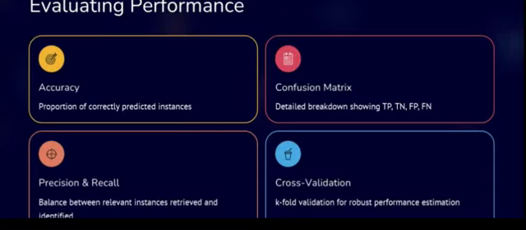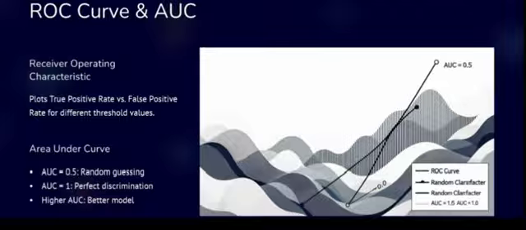And the next, final one, is cross validation. Cross validation is another method, k-fold validation, for robust performance. And the final is ROC curve and AUC.